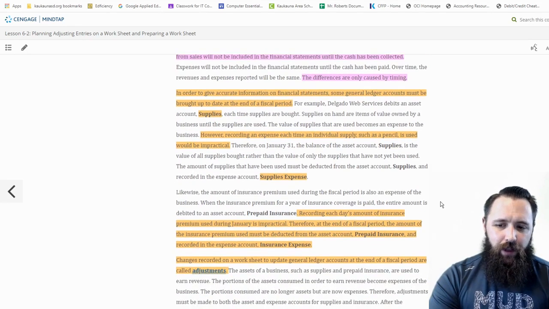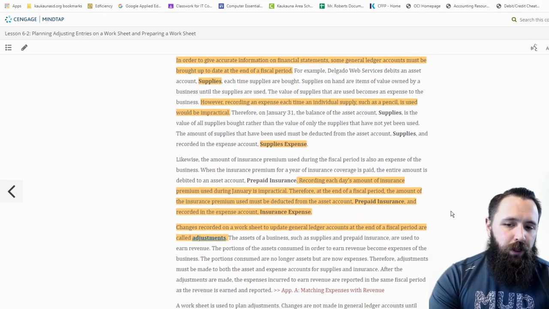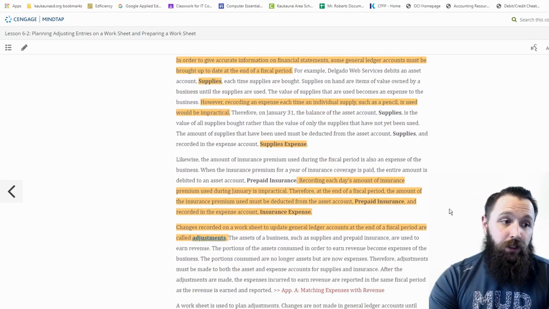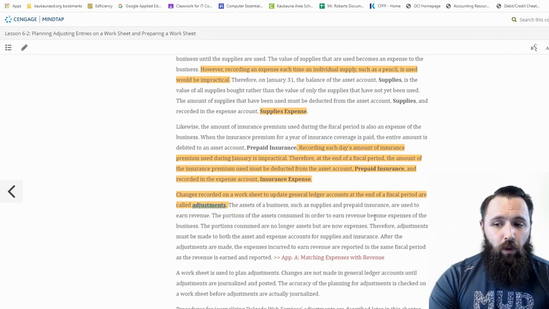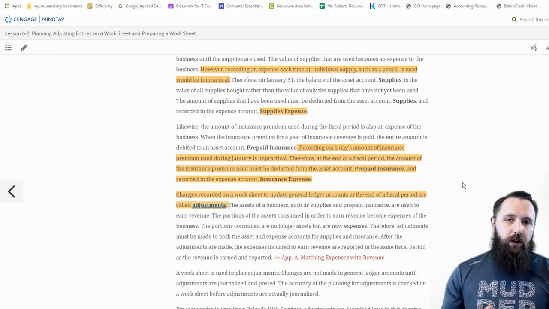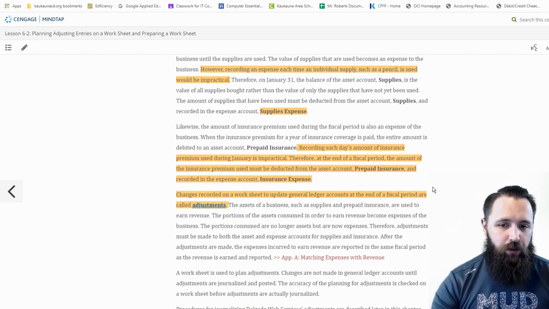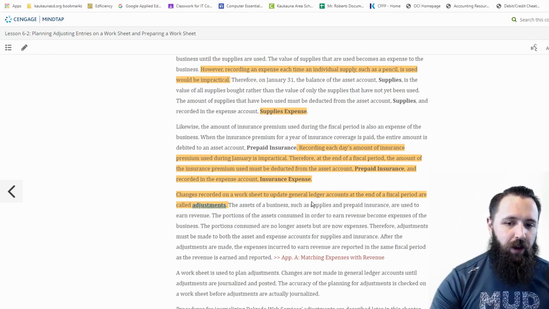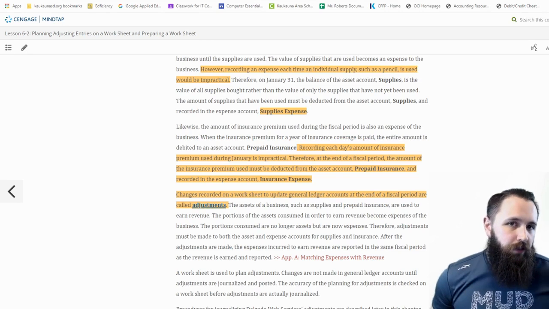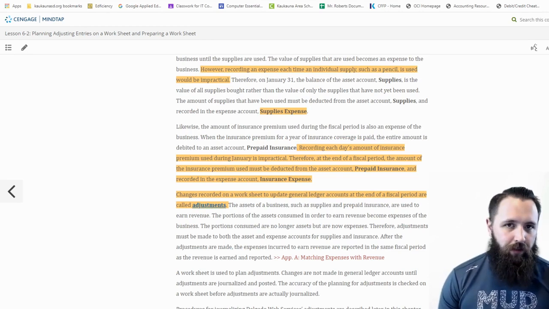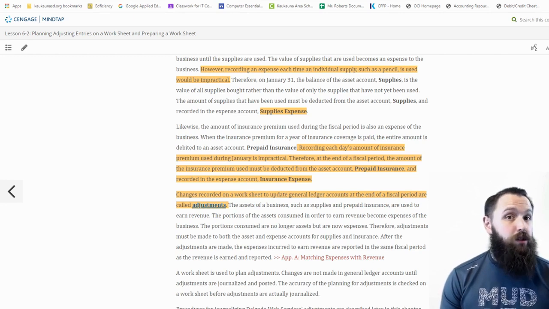So I kind of gave you that overview here. You can read through this again. I would actually highly suggest it. But what we're doing is we're at the end of this fiscal period, and we are going to adjust these accounts, okay? That's the big term that we have here. It's now the 31st. We've recorded all of our revenues, but now we need to go into a couple prepaid expenses, and those prepaid expenses are supplies and insurance.